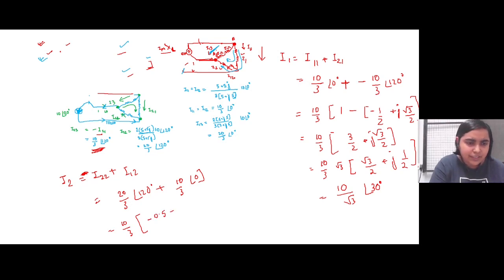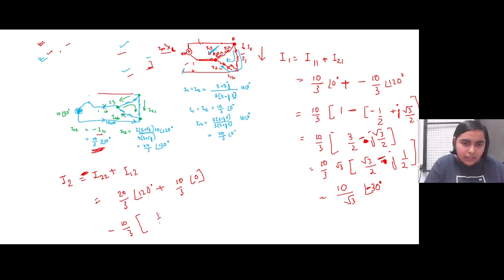Sorry, I think I made a mistake here. It will be minus j, because this minus, this is plus, it will go inside the bracket, so it will be minus. So I guess this will be then minus 30.